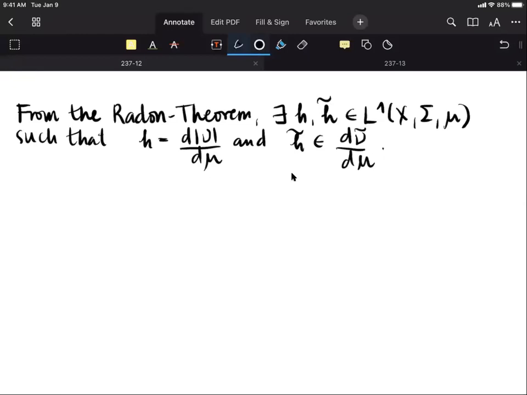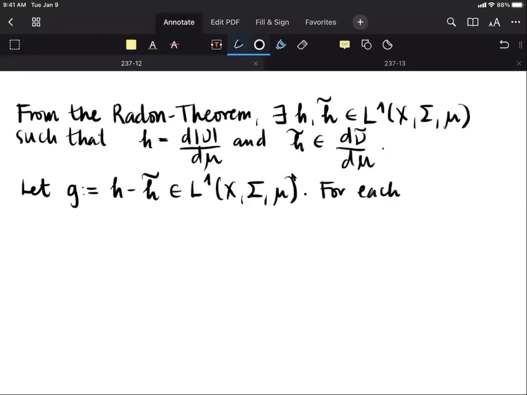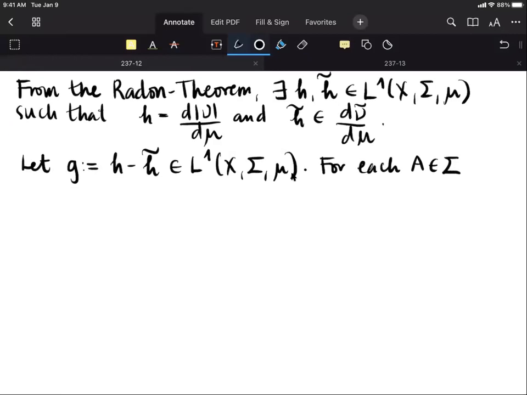So let us take the function g to be the difference. And so far we know that this is in L1, since L1 is a vector space. And for each A in sigma, you have the following.